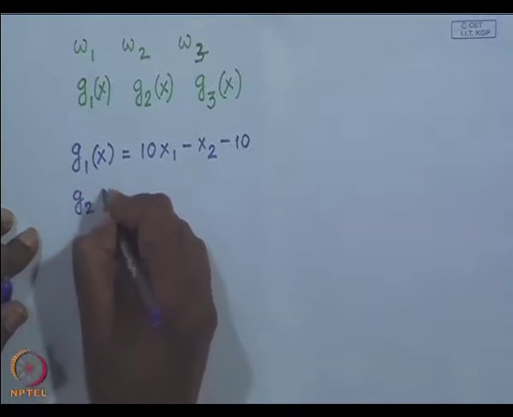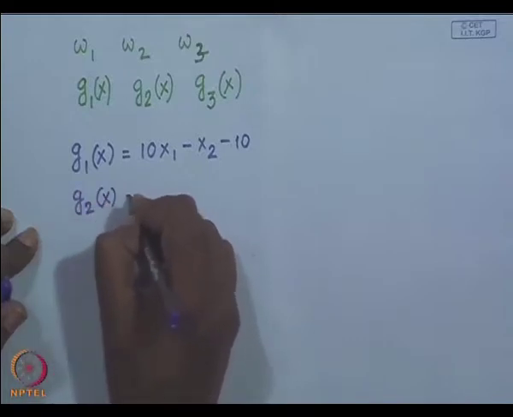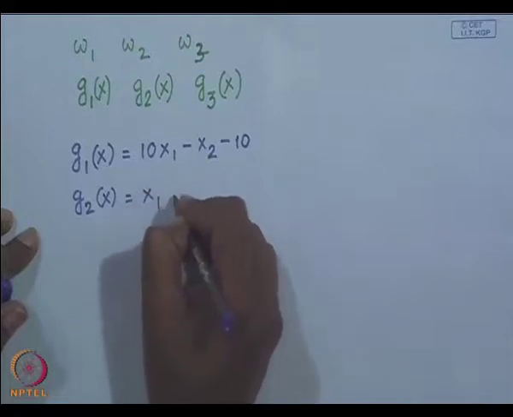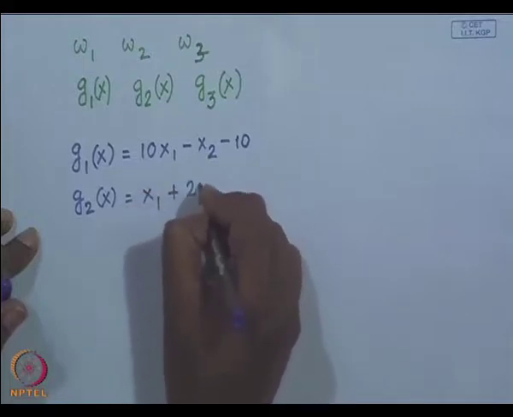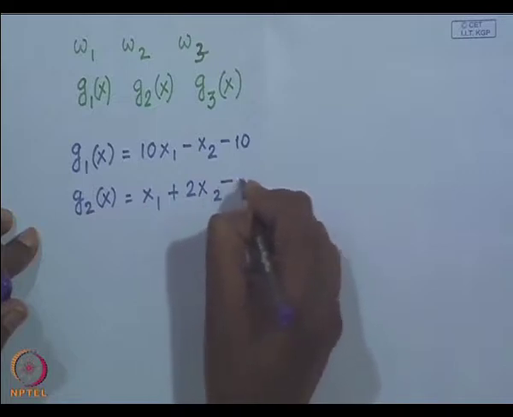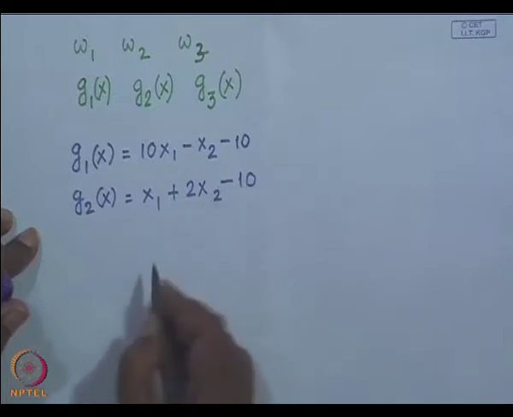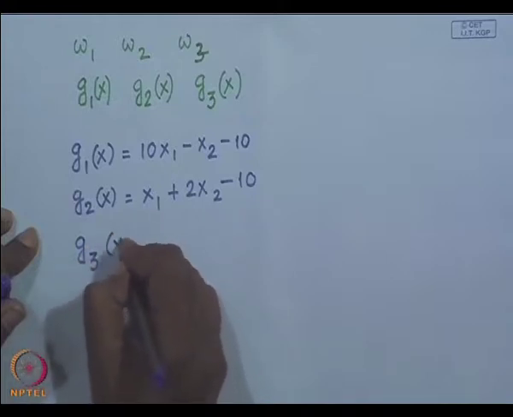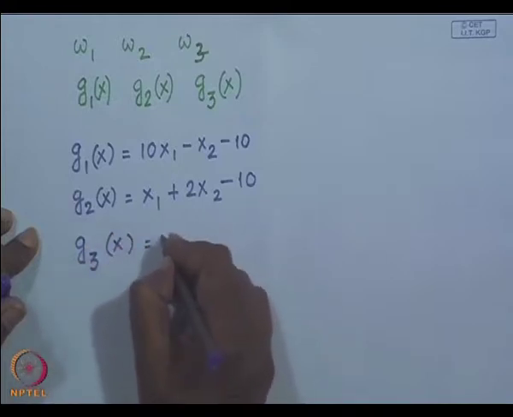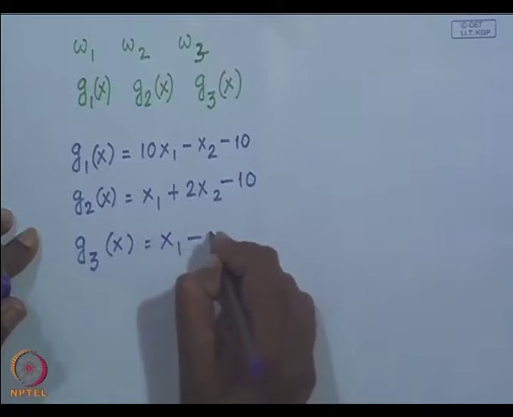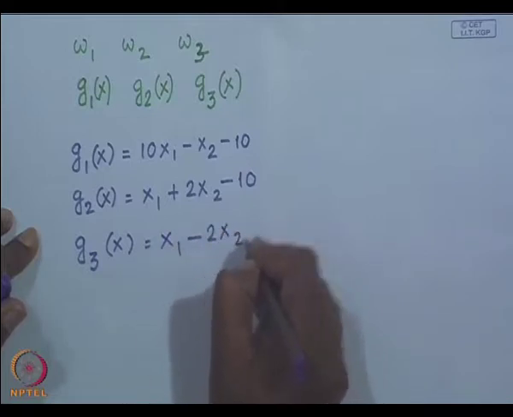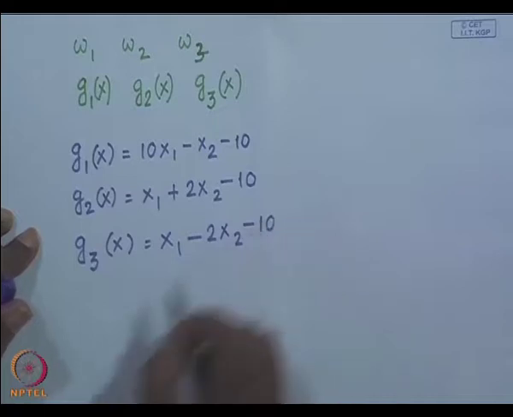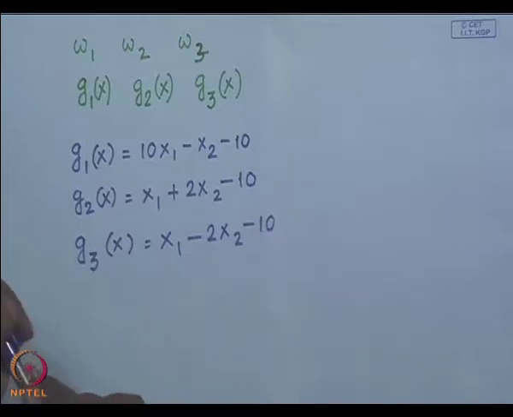For g2(x), let us take x1 plus 2x2 minus 10, and suppose g3(x) is equal to x1 minus 2x2 minus 10. So, these are the linear discriminating functions for different classes.